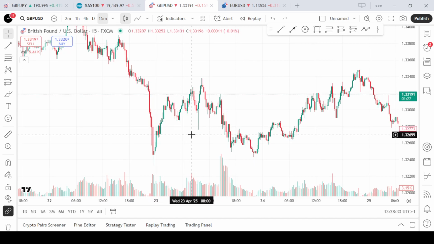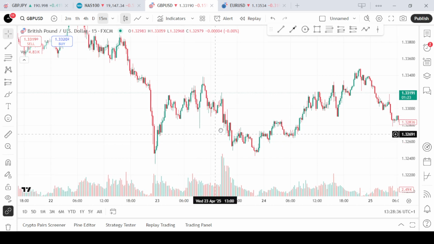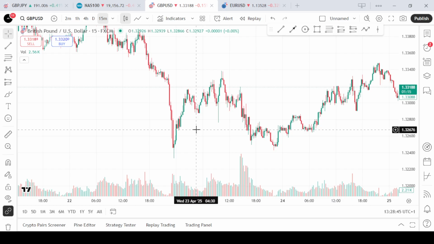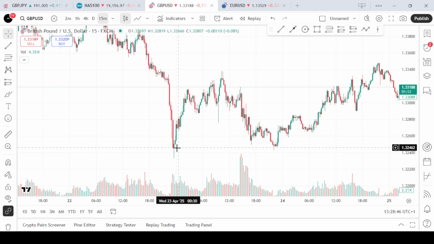So understanding how to recognize and handle the whipsaw condition is essential for protecting your capital and improving your results. So stay with me until the end as you will learn how to spot these patterns, avoid common traps, and use proven steps to trade more confidently even in a volatile market.